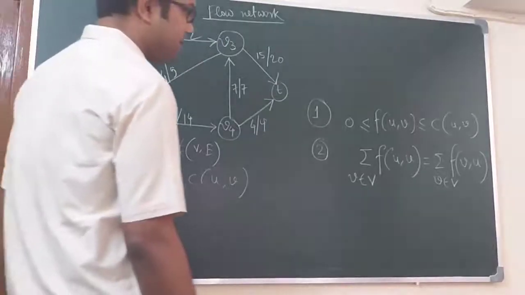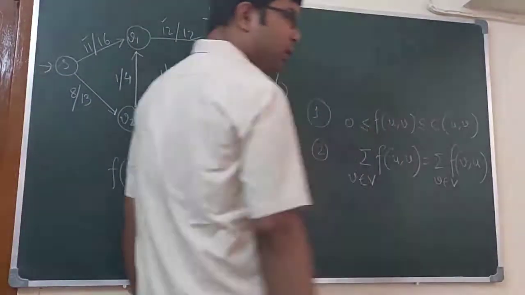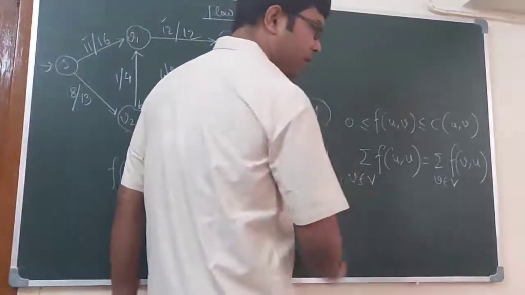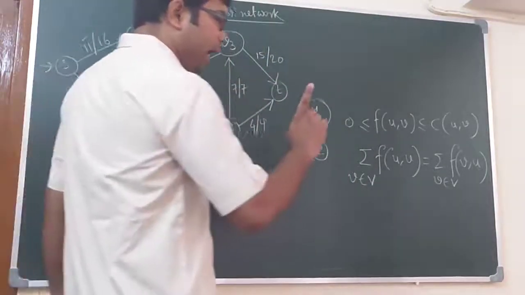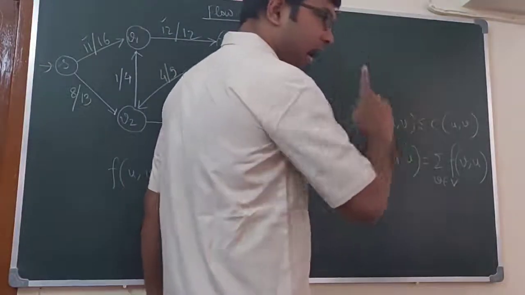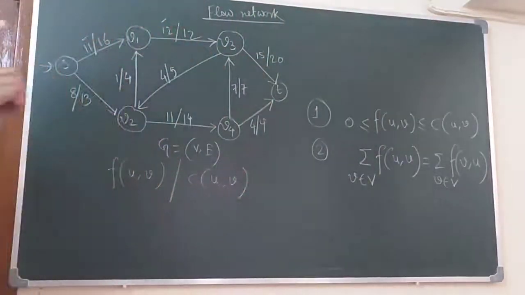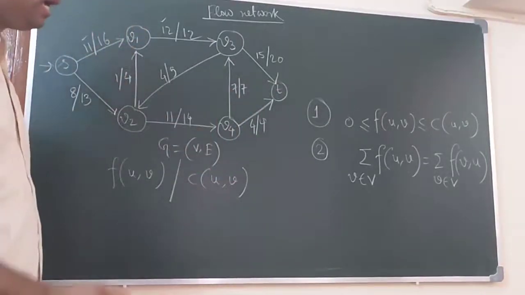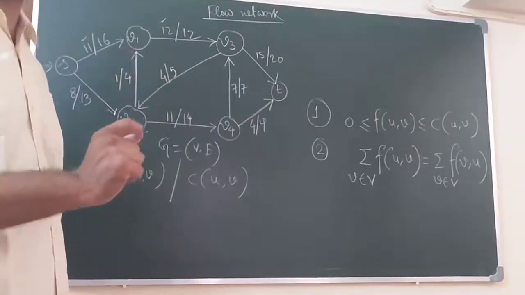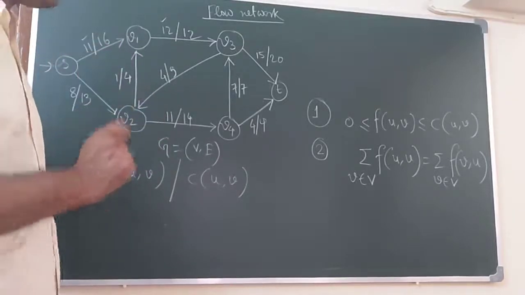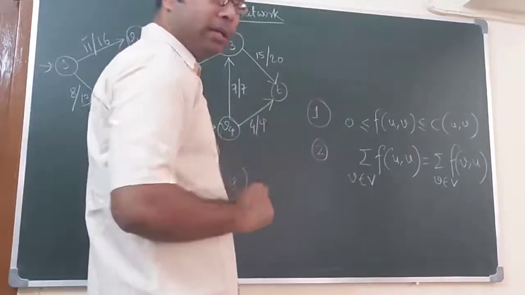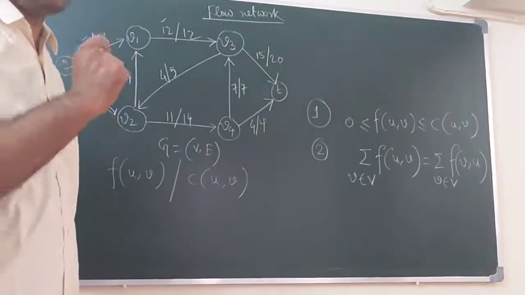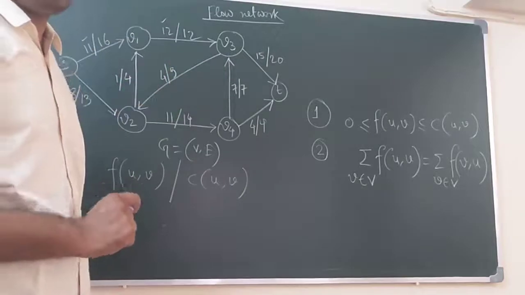So it says that for all u that belong to the vertices of the graph, if these are not the source and the sink, here this is the source S and this is the sink, the destination T, that is, if these are the intermediate vertices, then the amount of flow into a vertex is equal to the amount of flow out of the vertex.